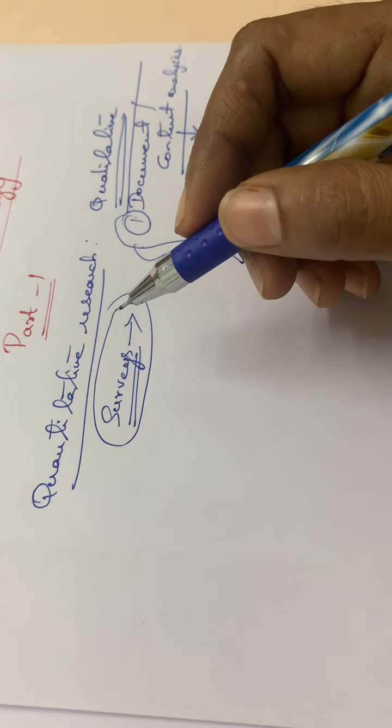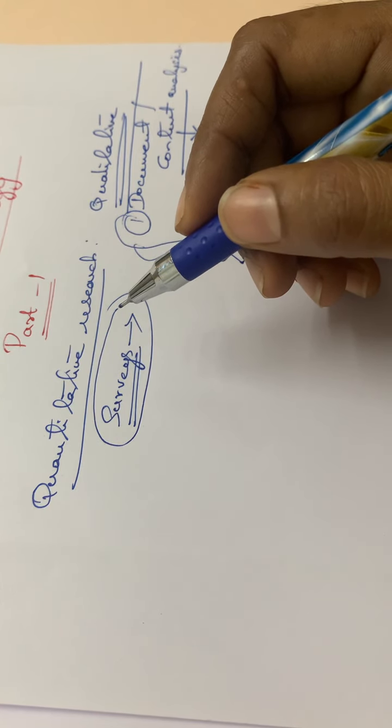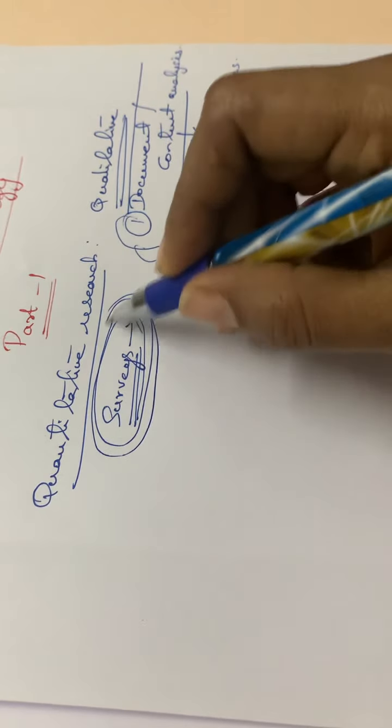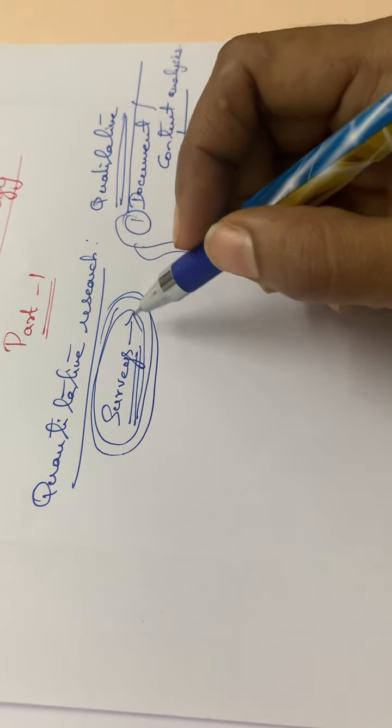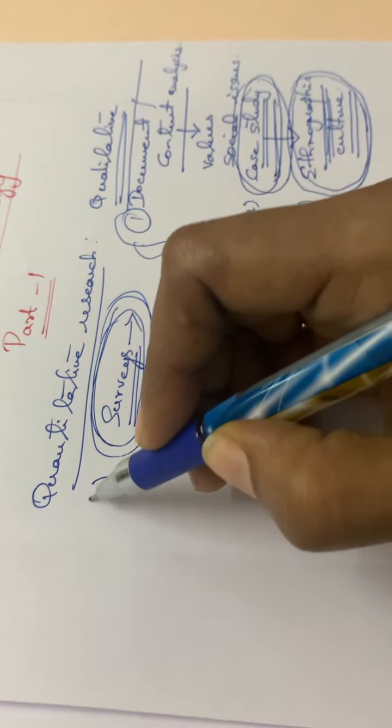It can be regarding curriculum, teachers' evaluation, teachers' teaching learning method, your internal evaluation system, or any other critical social issues. That is what is meant in the case of surveys.